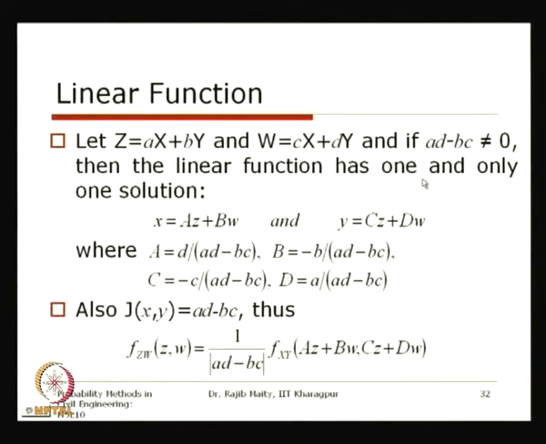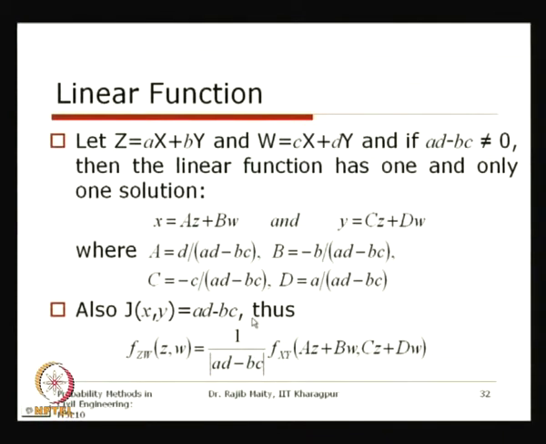Then the linear function has one and only one solution: x equals Az plus Bw and y equals Cz plus Dw, where capital A, B, C, D are constants which can be expressed in terms of the lower case constants a, b, c, d through this expression. This is basically getting their inverse function. Once we know this inverse function, we also know the Jacobian of x, y, which is ad minus bc.